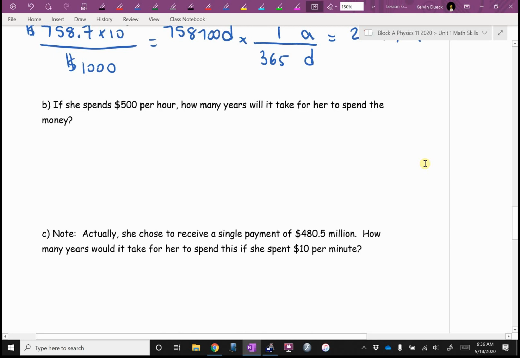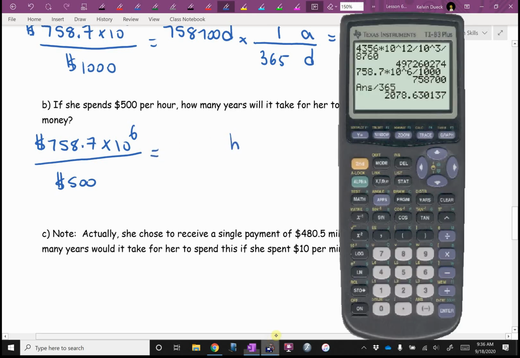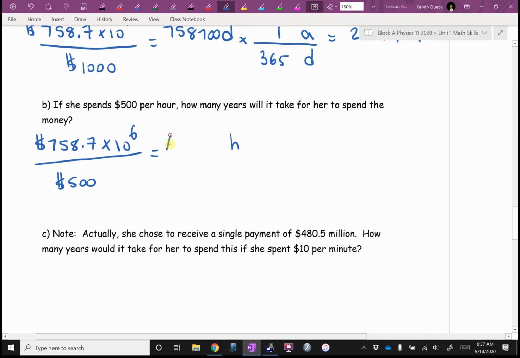Well, let's take that 758.7 million and divide it by 500 to see how many hours it would take her. So 758.7 times 10 to the 6th divided by 500. And I get it's going to take her 1517400 hours.